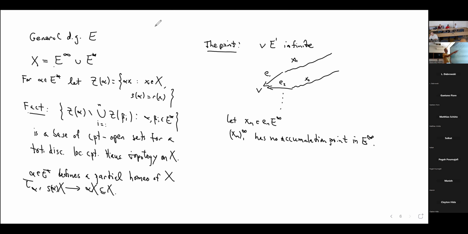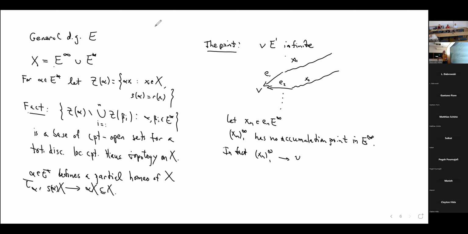And of course, this sequence of infinite paths converges just to this vertex itself. So in fact, in this topology, the sequence converges to the vertex. So it's incorrect to use the infinite path space E infinity to obtain a space for your dynamics.